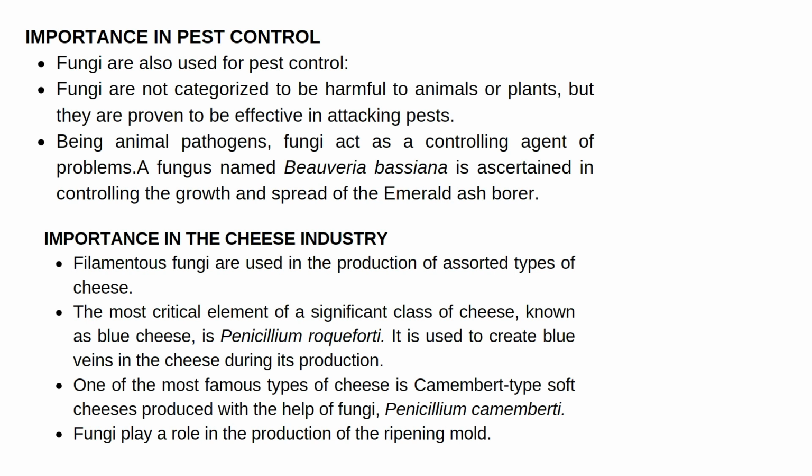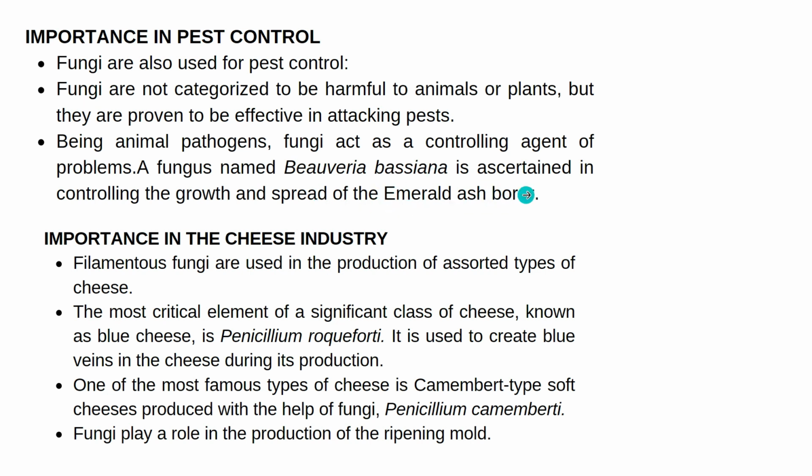Here you can see the importance of fungi in pest control. When you use fungi as a biological route to control pest attack, for example, Beauveria bassiana, the fungus controls the growth and spread of the emerald ash borer.